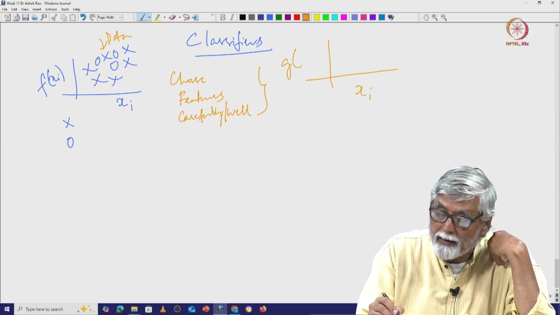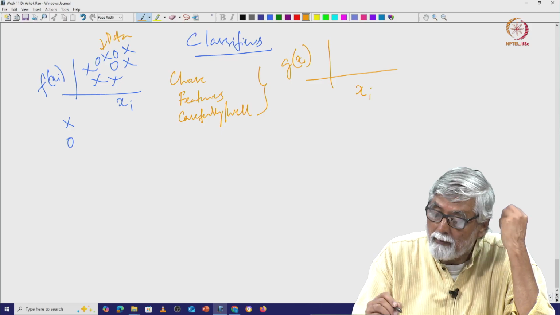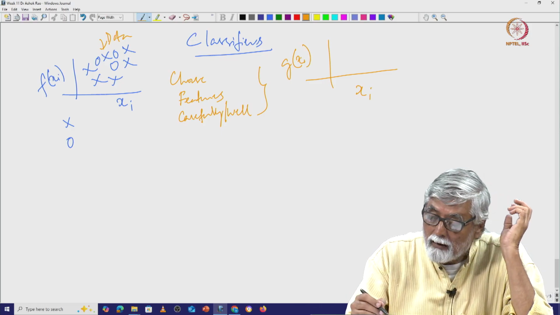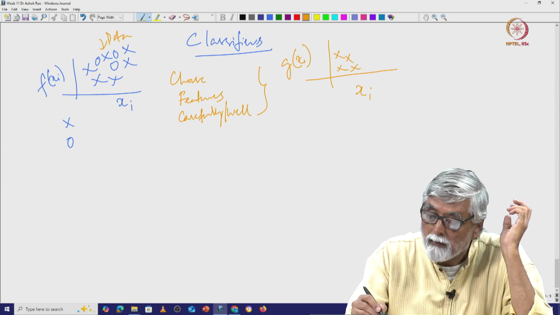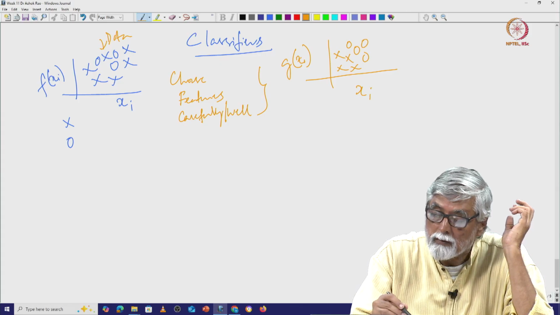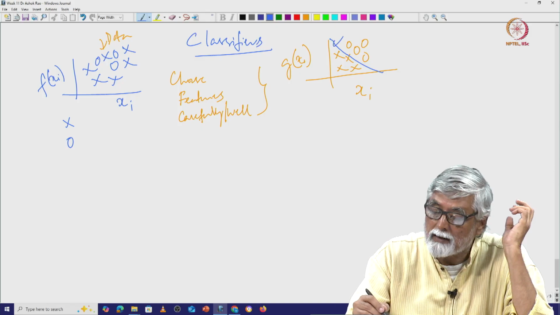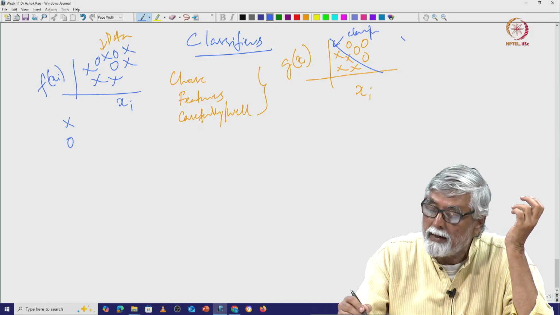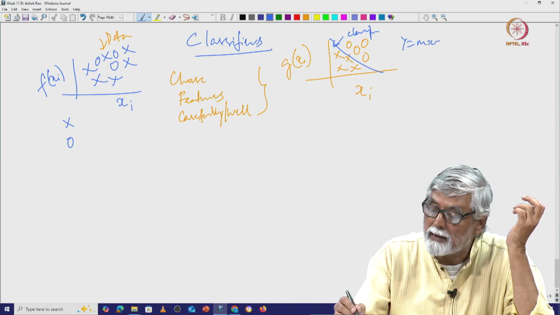I have g of xi. It will start looking like this. So, this is a classifier of the type y equal to mx plus b, just a straight line, simple.